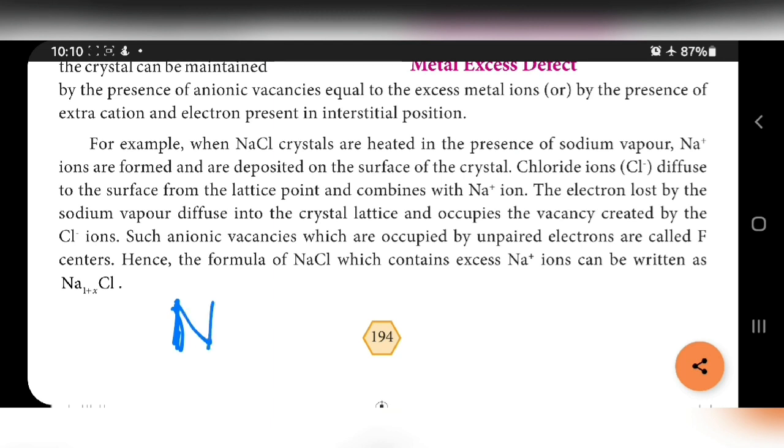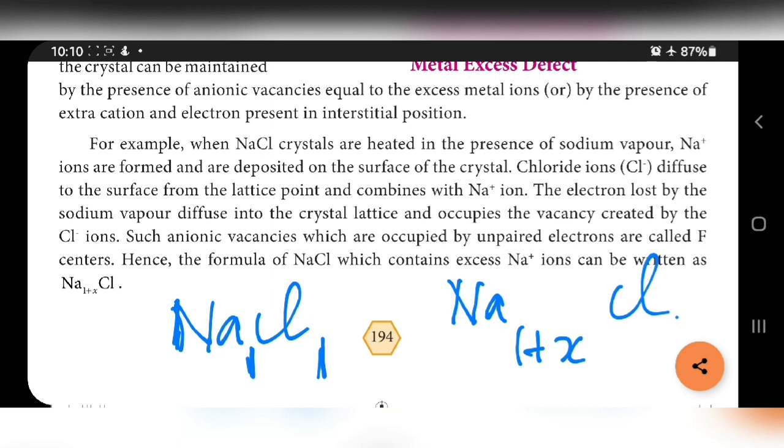Usually we write NaCl, 1 Na combined with 1 Cl, but this contains excess Na plus ions, so it can be written as Na 1 plus X Cl 1. Chlorine is only 1, but sodium is more than 1. Excess metal ion is present, so it is represented by the formula Na 1 plus X Cl.